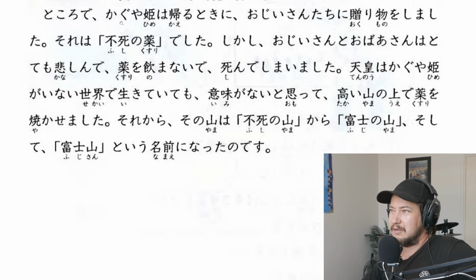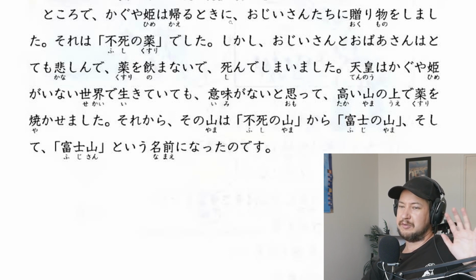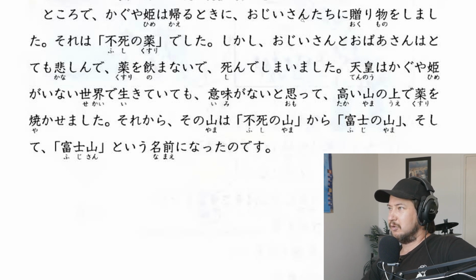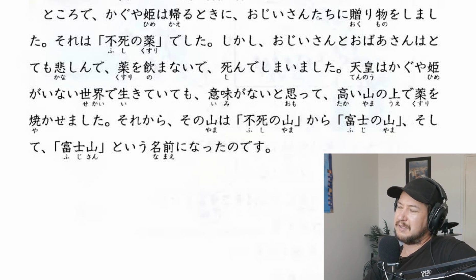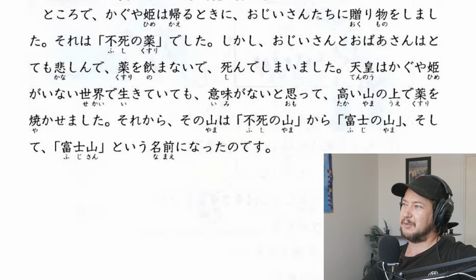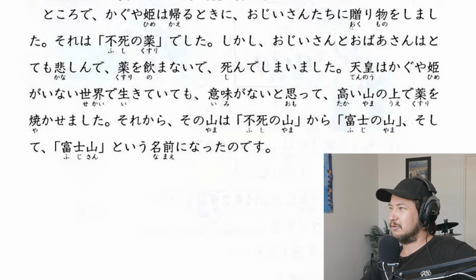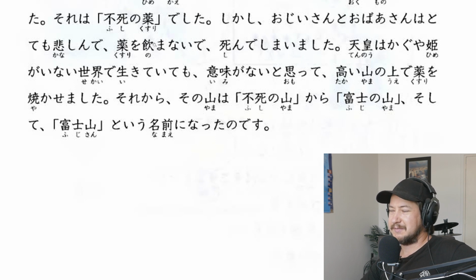So Princess Kaguya 帰るときに, at the time she was going back to the moon. おじいさんたちに, oh, it's interesting, this tachi, ojiisan tachi. Ojiisan means old man, but tachi means plural. So multiple old men, but I guess it means old man and old lady. So to them, okurimono, present, oshimashita. So she gave them a present.